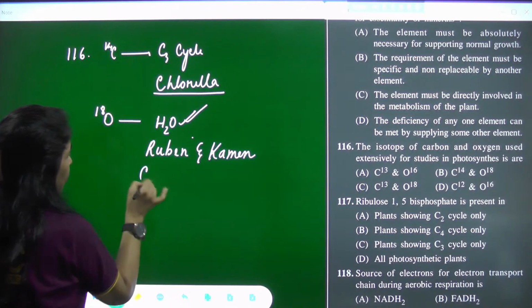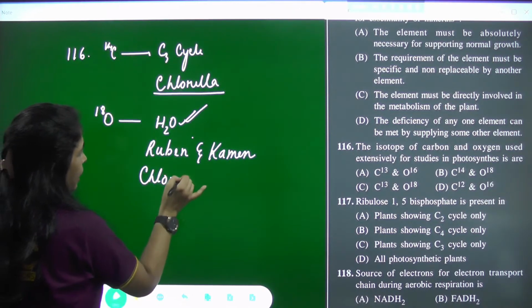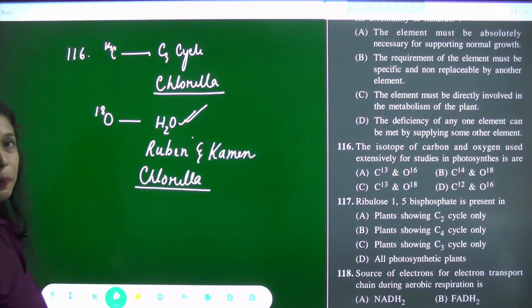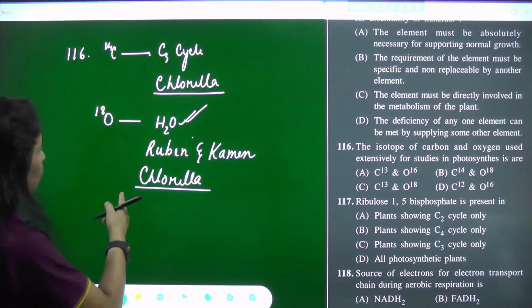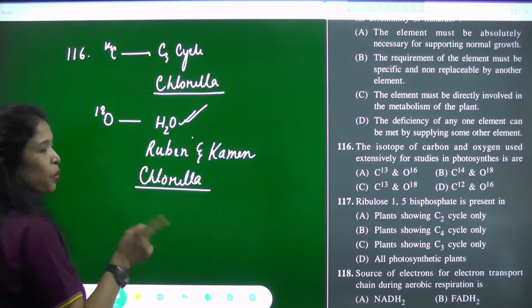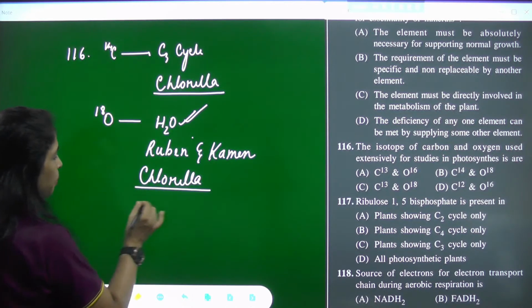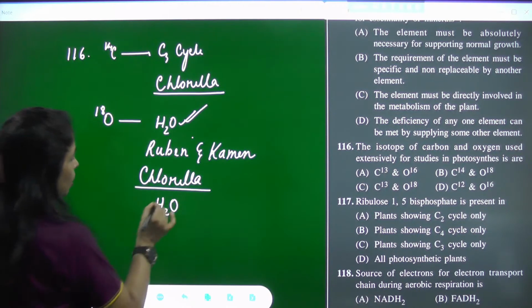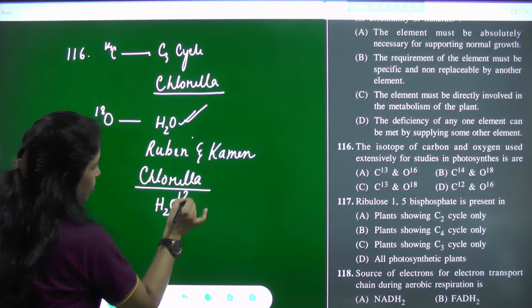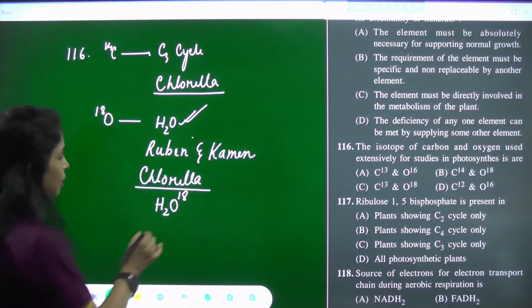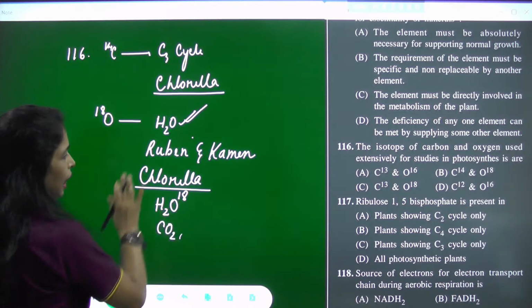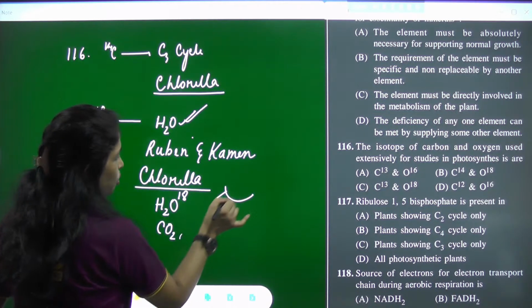Again they worked with the same unicellular algae, chlorella. Chlorella was allowed to grow on a medium where a radioactive isotope of oxygen was used in water, and carbon dioxide was kept normal, and the medium was exposed to light.